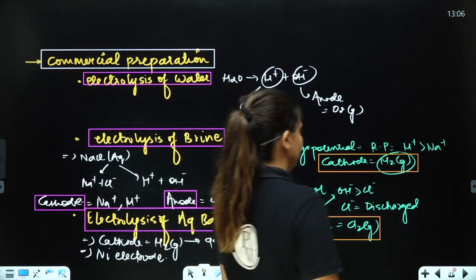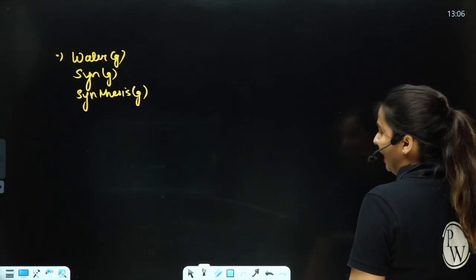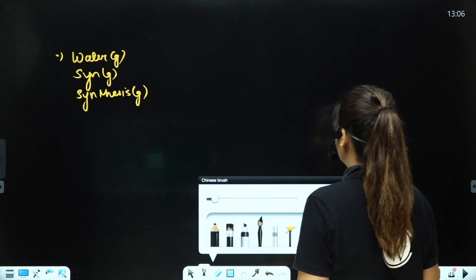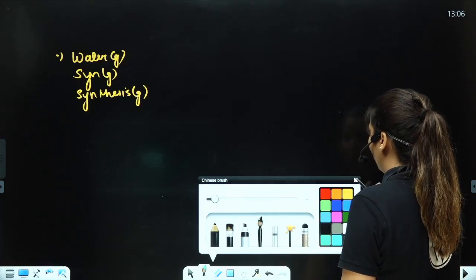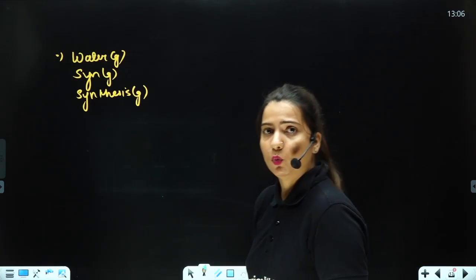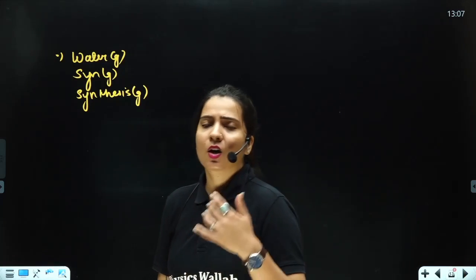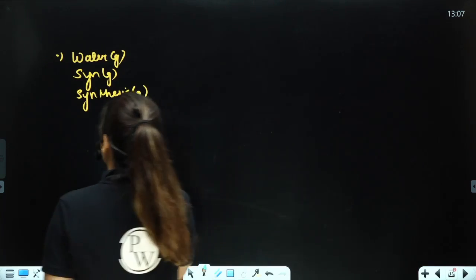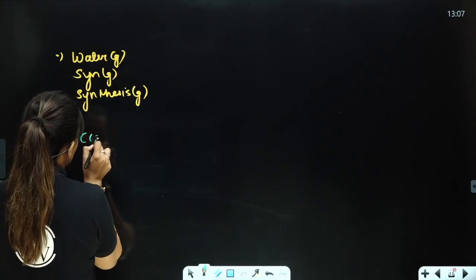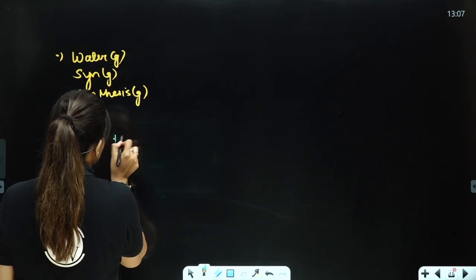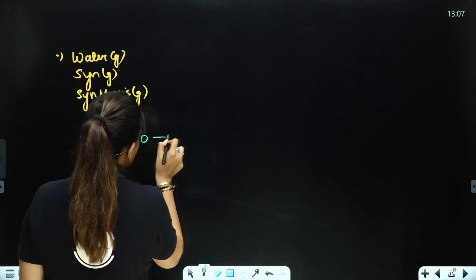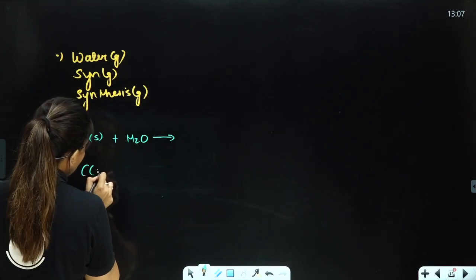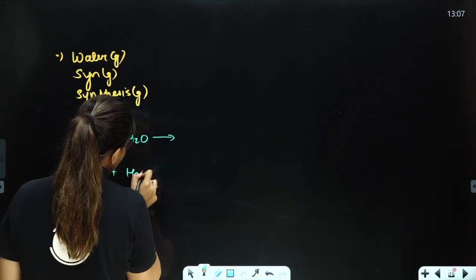Let's move forward. After that, we have these three important points that are required to be considered: water gas, syn gas, synthesis gas. What are all these things? So let's say I have carbon in the form of coke. It reacts with water. We have carbon in the form of coal. It reacts with water.